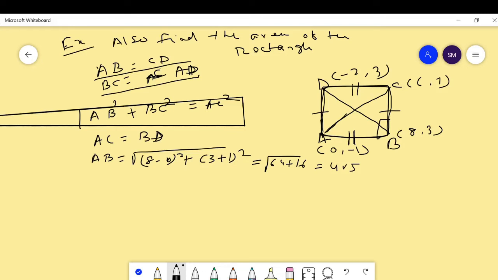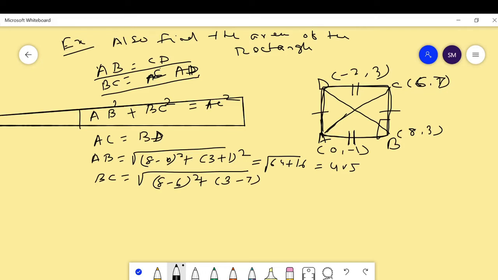Then in the same way, BC is equal to square root of (8 minus 6) whole square plus (3 minus 7) whole square. A, B, C are 3 vertices.